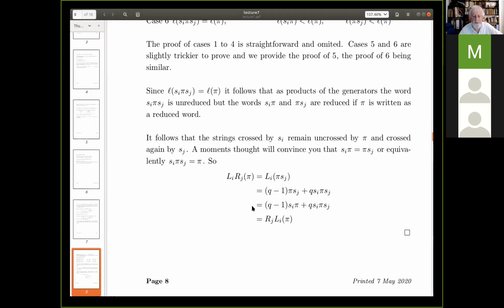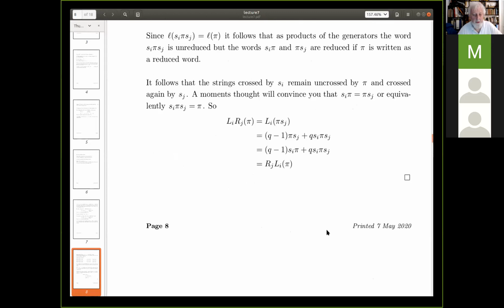And then Si pi, because you can carry the Sj all the way through pi along that band, which I illustrated, so it becomes an Si. And then you've got this, which is Rj times Li pi. So that's one example of how they commute, and the other cases are easy. Okay.